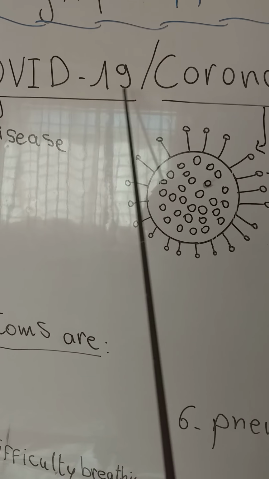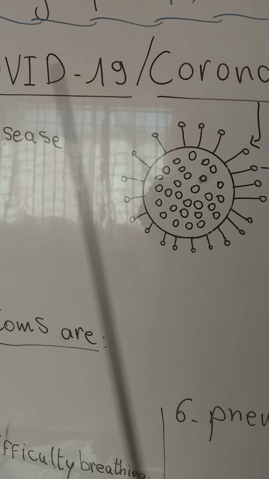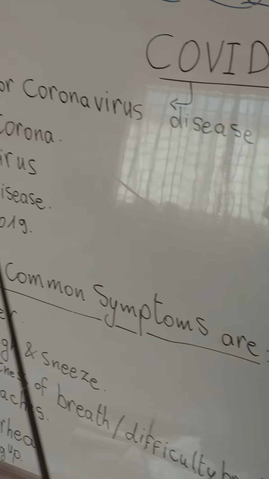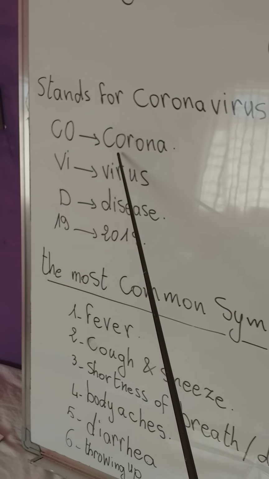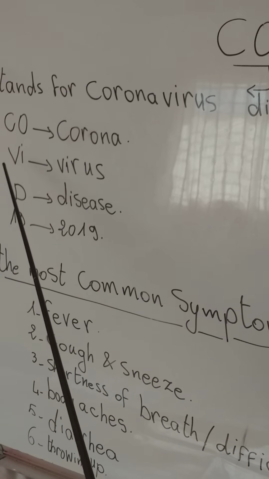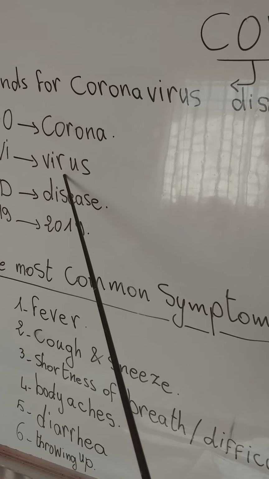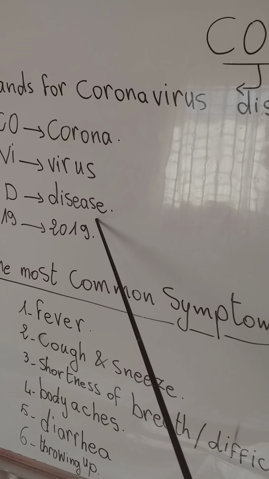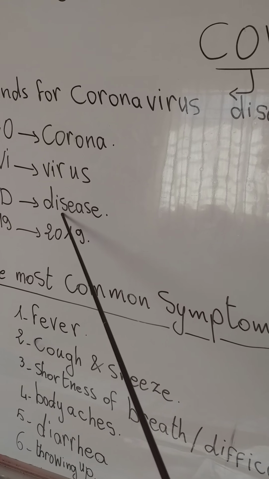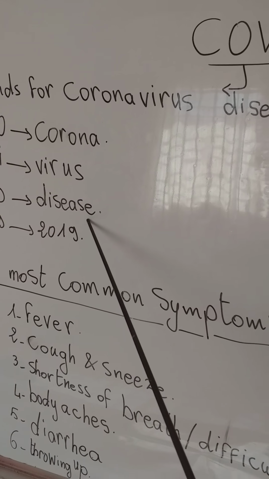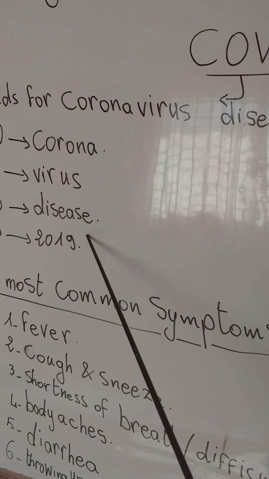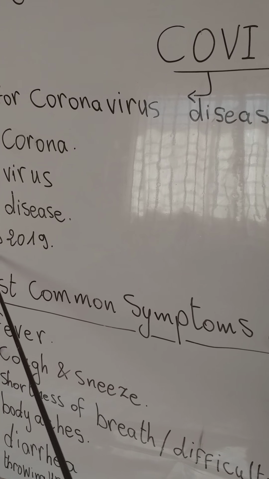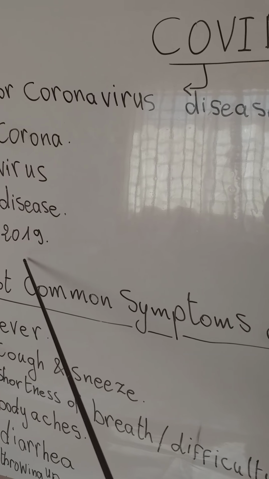So what is COVID-19? COVID-19 stands for coronavirus disease. Co means corona. V means virus. And D means disease. I'm sure you know what we mean by disease. If you don't, it means illness. Okay? And 19, of course, stands for 2019.